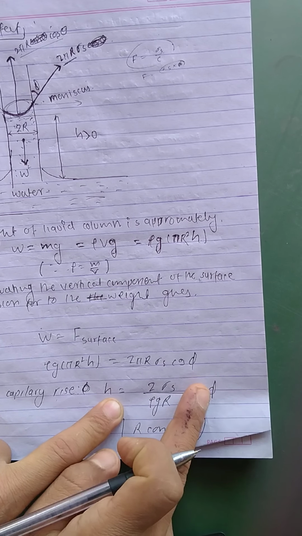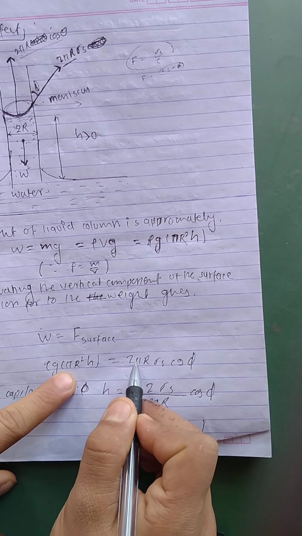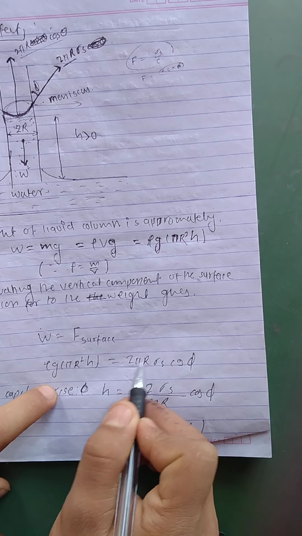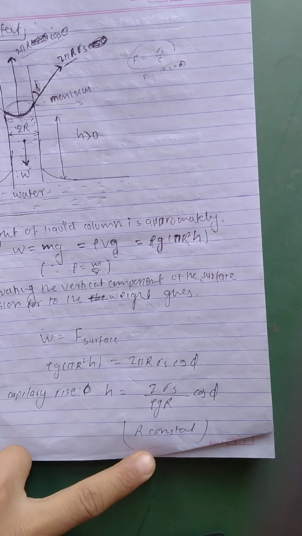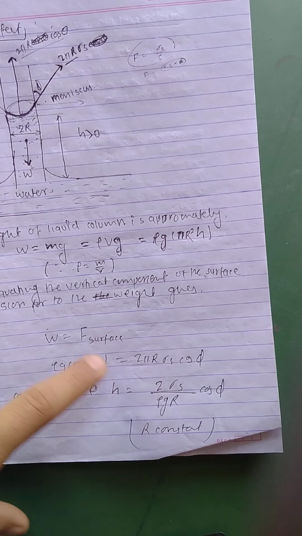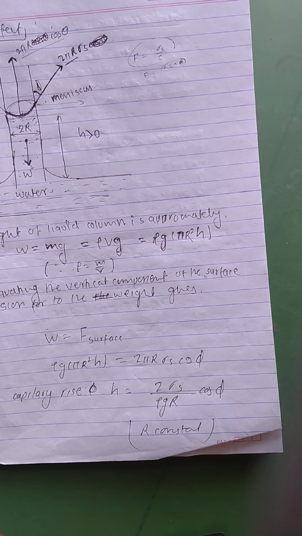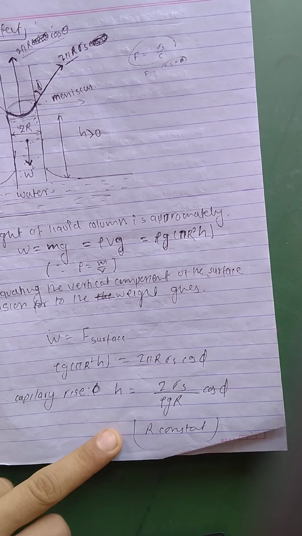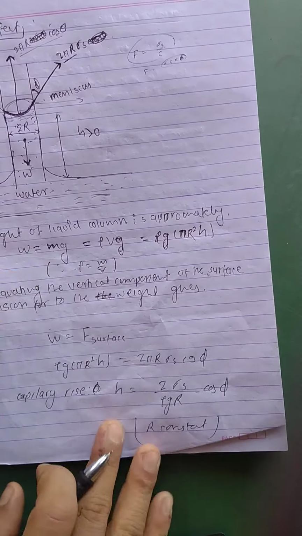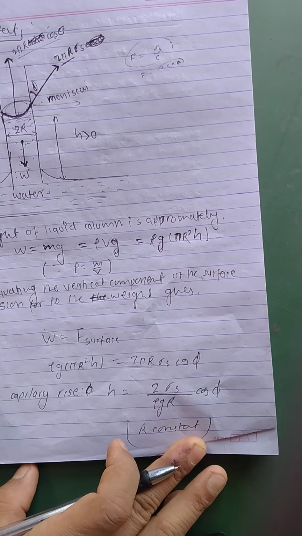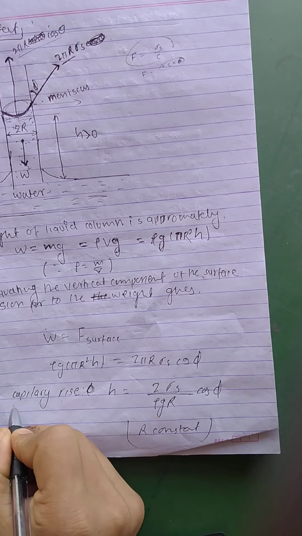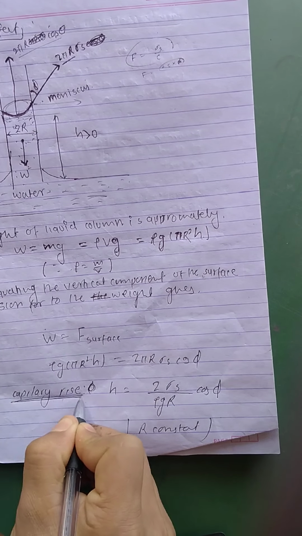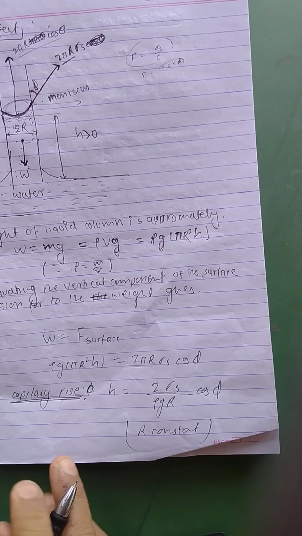You can cancel pi, and one r will also cancel. For a particular capillary effect, r is constant. So this is the formula for the capillary rise in a capillary tube.